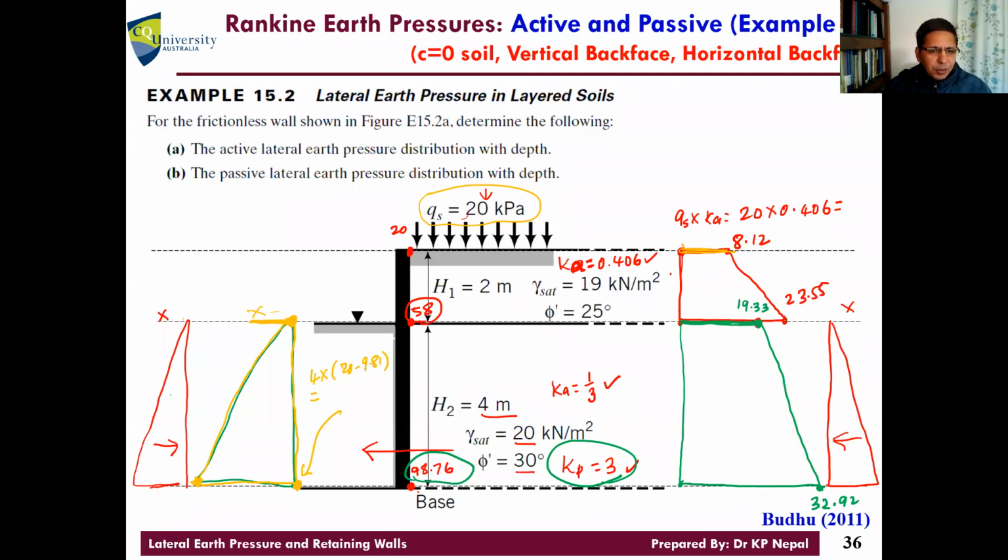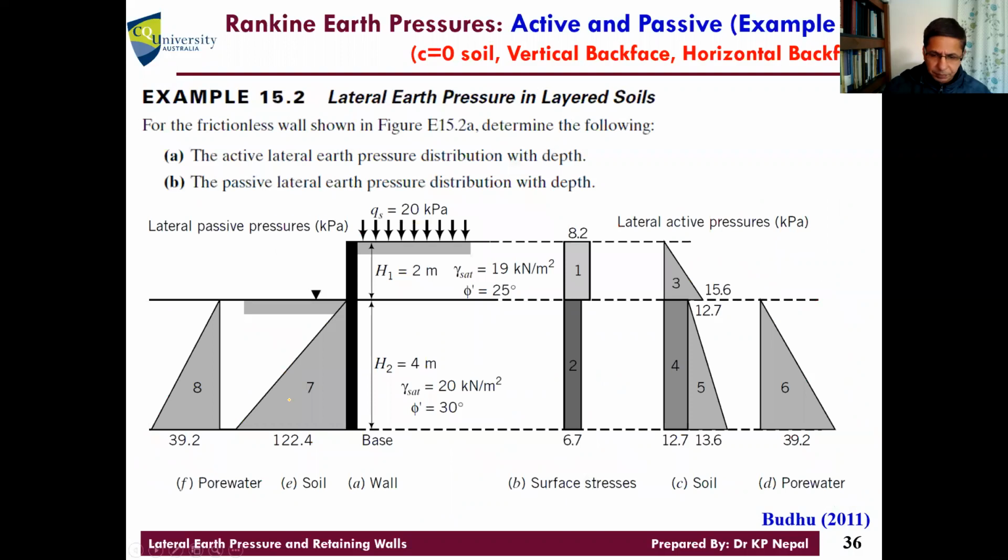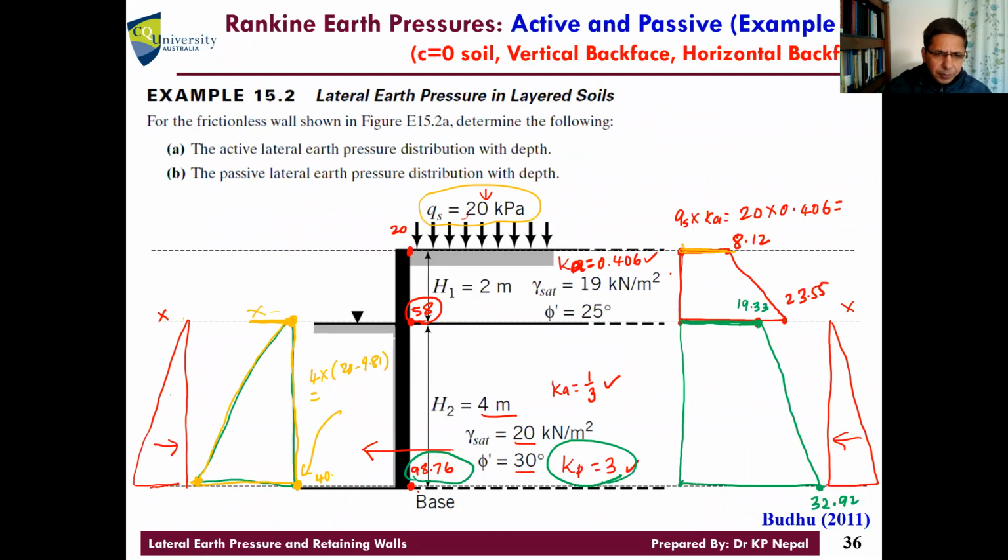How much is the vertical pressure at that point for the passive case? 20 minus 9.81 equals times 4, 40.76, right? So this is 40.76. Now you need to multiply by Kp.